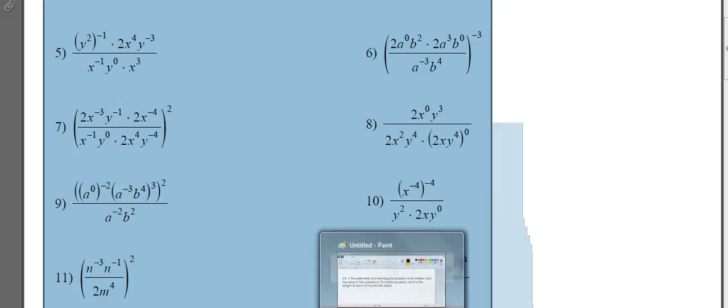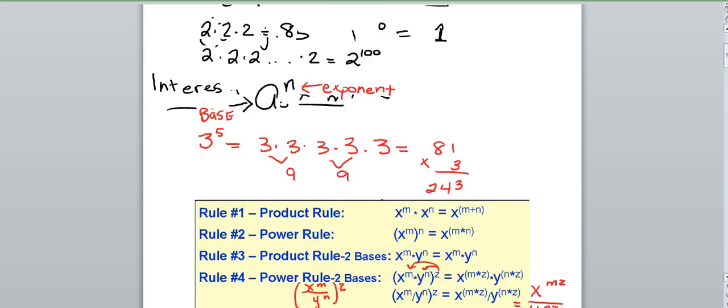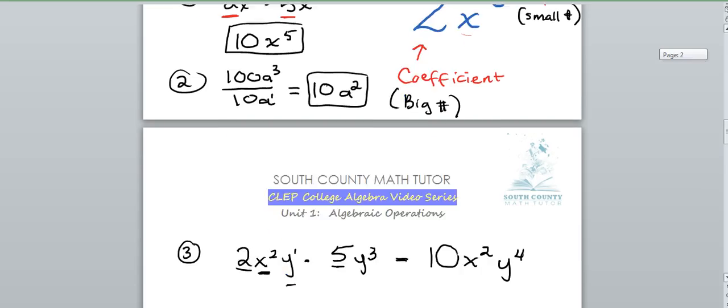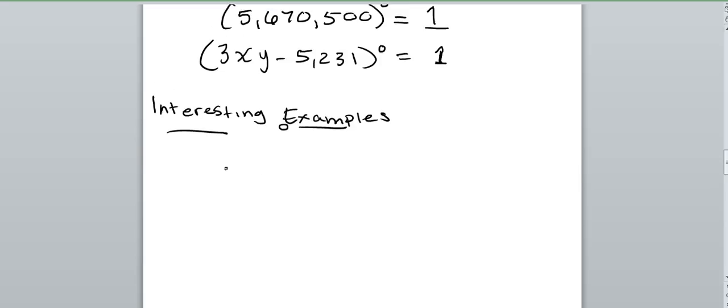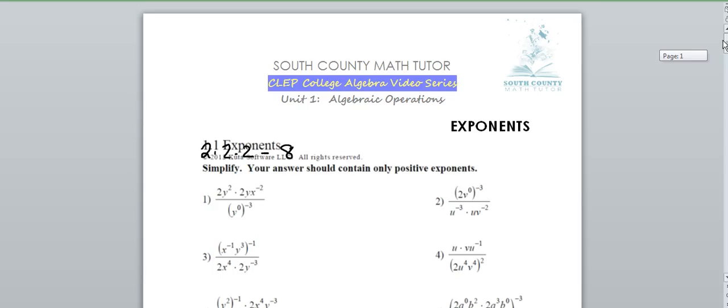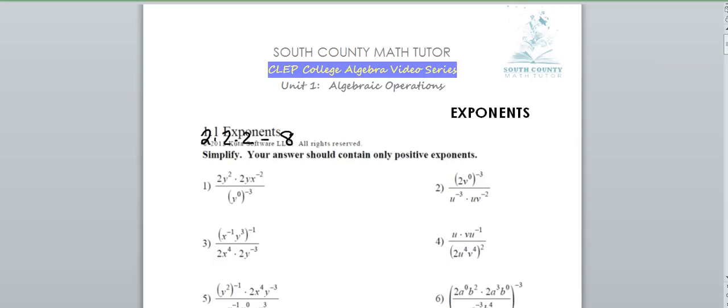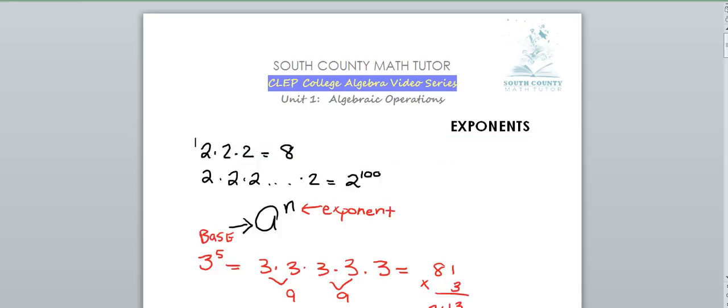All right, let's go back to so many things on my computer. Okay, so interesting examples. Let's paste it. And I pasted it all the way up there. I don't want to do that. Undo.